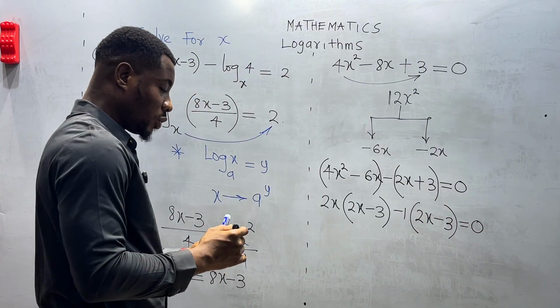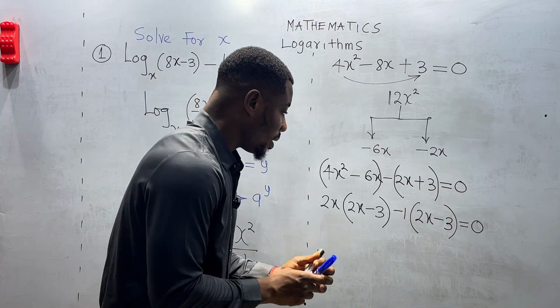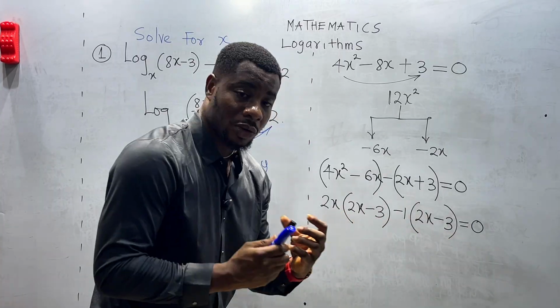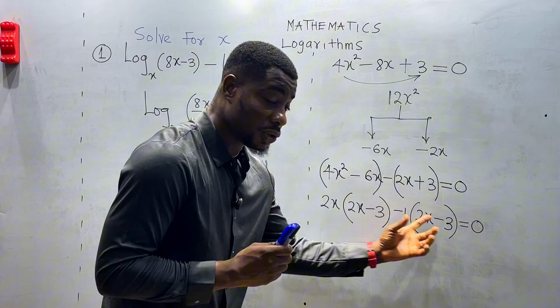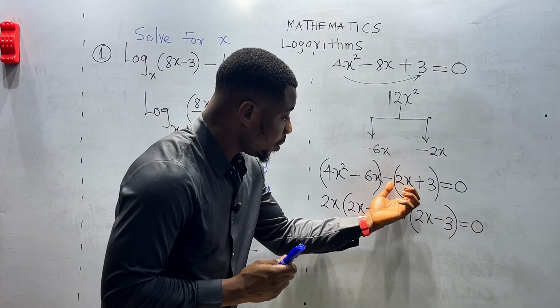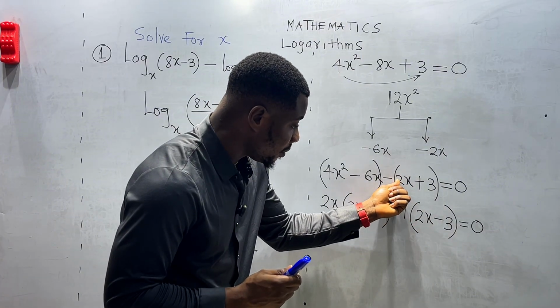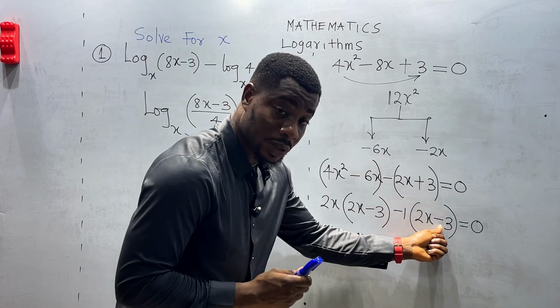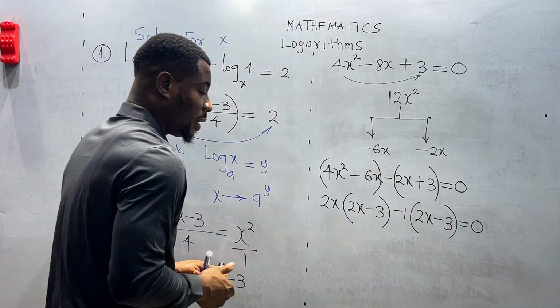Take note that the term here and the term here should tally, which means the signs should also tally. When we brought out negative 1, negative from negative we left with positive, and negative from positive we left with negative.